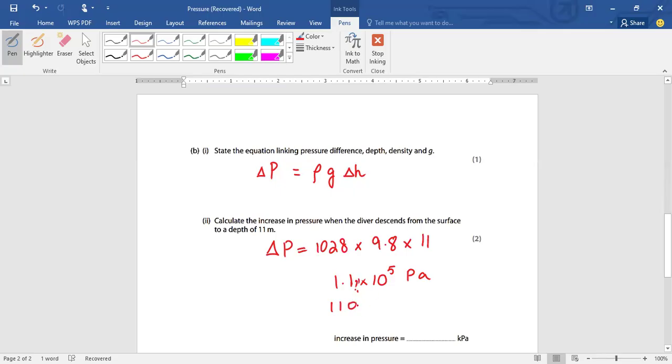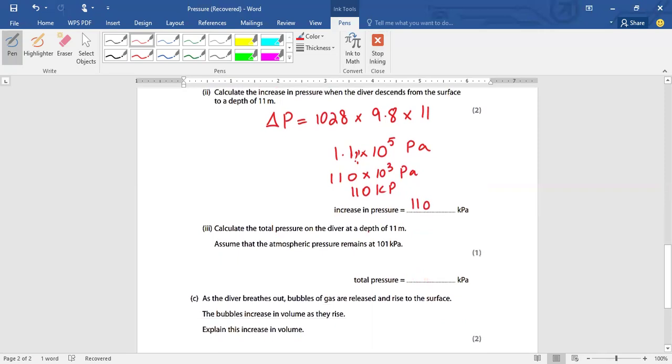So it is going to be about 10 to the power 3, or 110 kilopascal, right? 110 kilopascal.